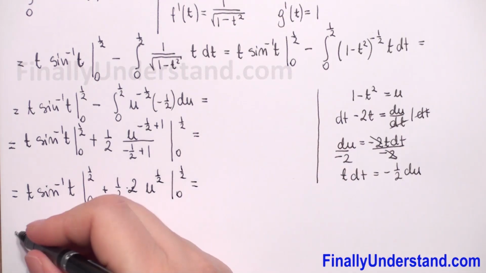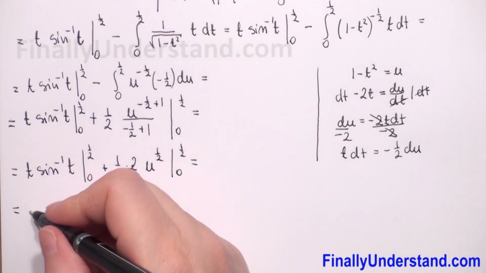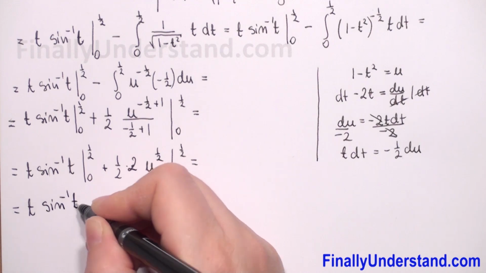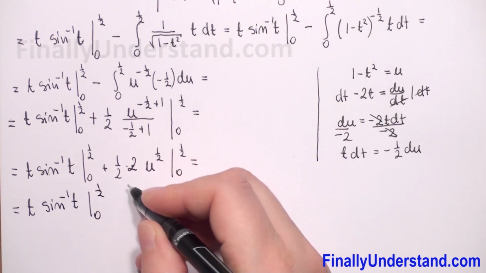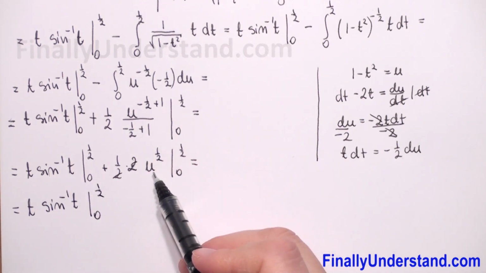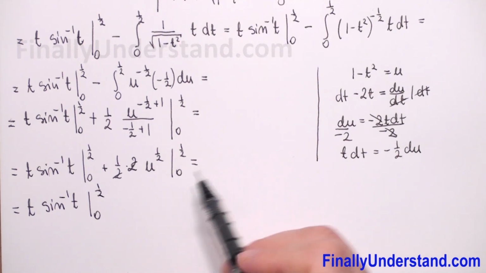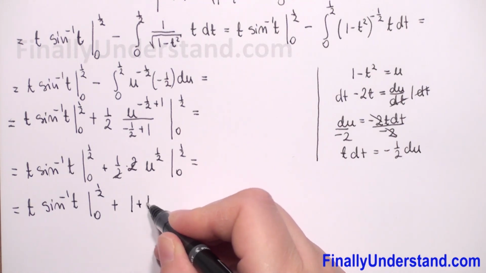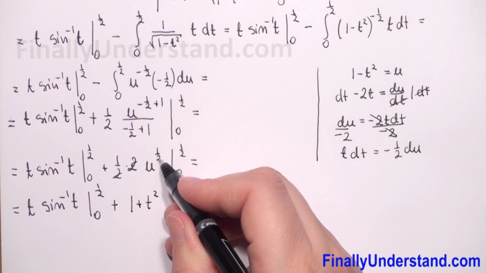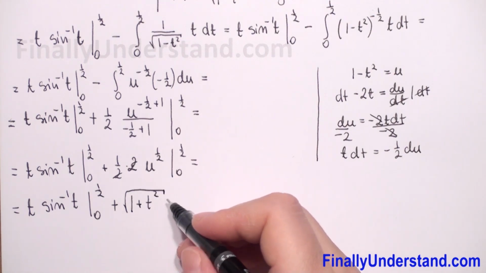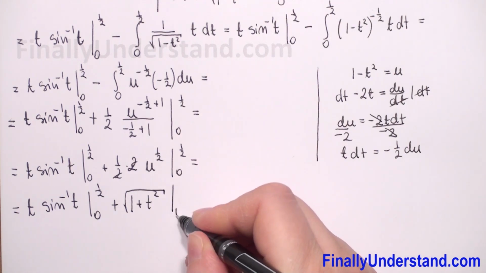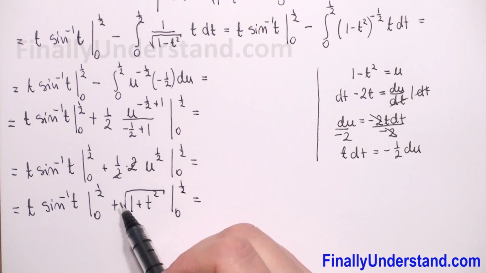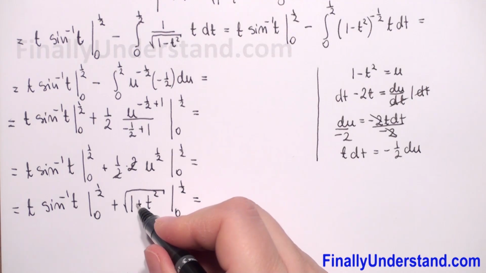So this is equal to t times inverse sine of t, limits from 0 to 1/2, 2 and 2 we can reduce, and now we have to come back to the substitution because I didn't change the limits, so it will be plus 1 minus t squared to the power 1/2, so this is the square root, and we have limits from 0 to 1/2.